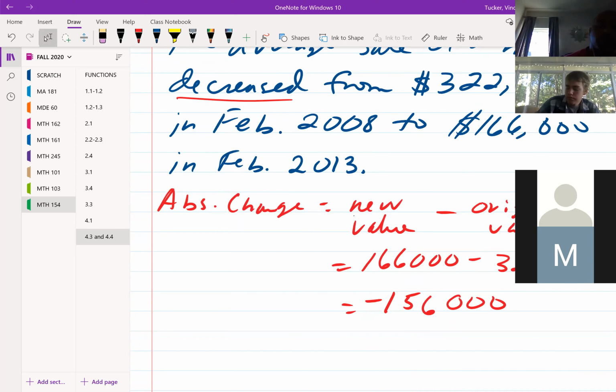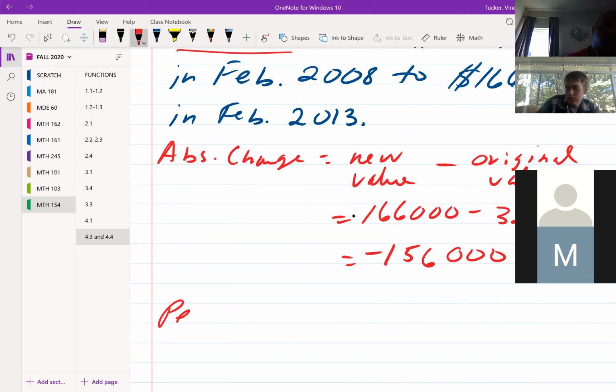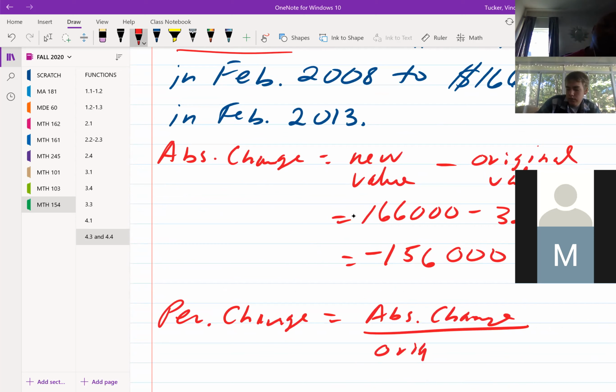All right, and then percentage change. I believe that's what they wanted. We're going to take that absolute change, divide by the original amount, or original value, since I called it value.